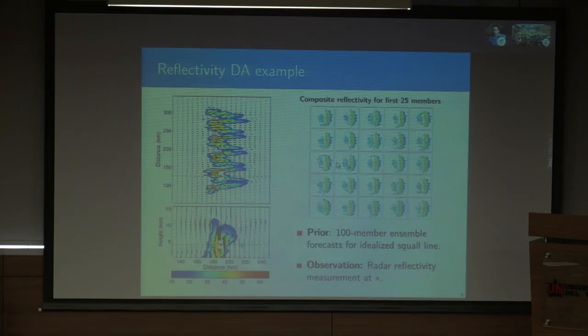And for our prior, we have 100 members or particles that are supposed to just be equally likely samples from our prior error distribution. And I'm showing the first 25 of these on the right over here. And so the goal is to come up with a posterior estimate of cloud properties based on this prior and this observation right here.